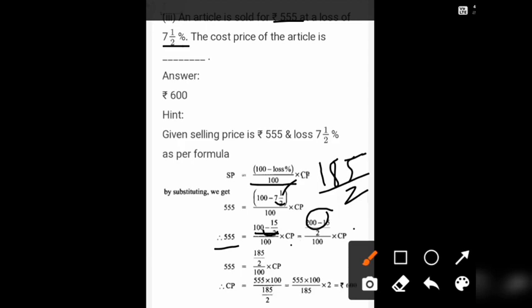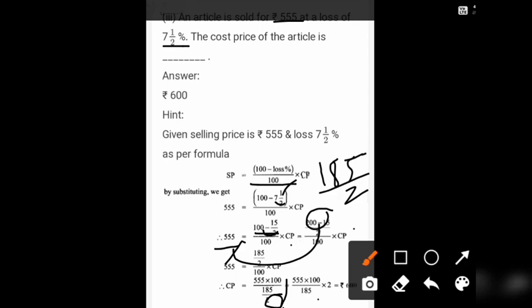This everything transfers to the left side so it gets reciprocal. That is 555 into 100 divided by 185 divided by 2. Here this 2, the denominator, changes to the numerator.